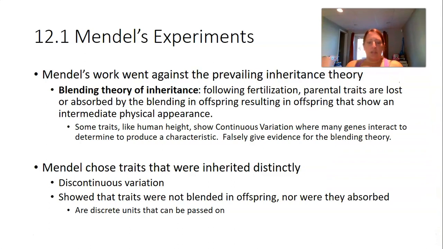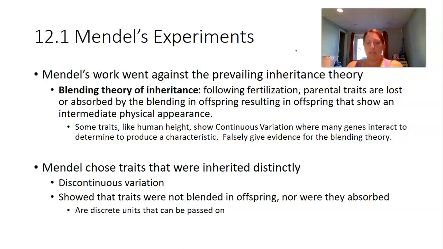Let's go up there. So up until really the 1900s, scientists and the general community, the prevailing theory of the time for inheritance was called the blending theory of inheritance.